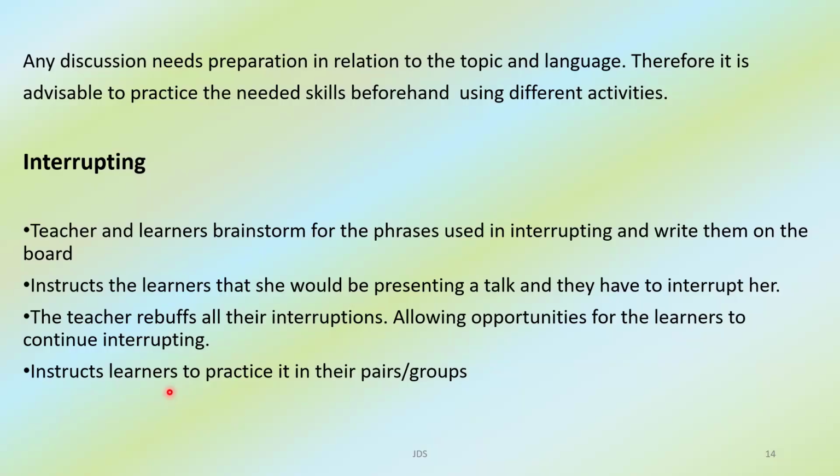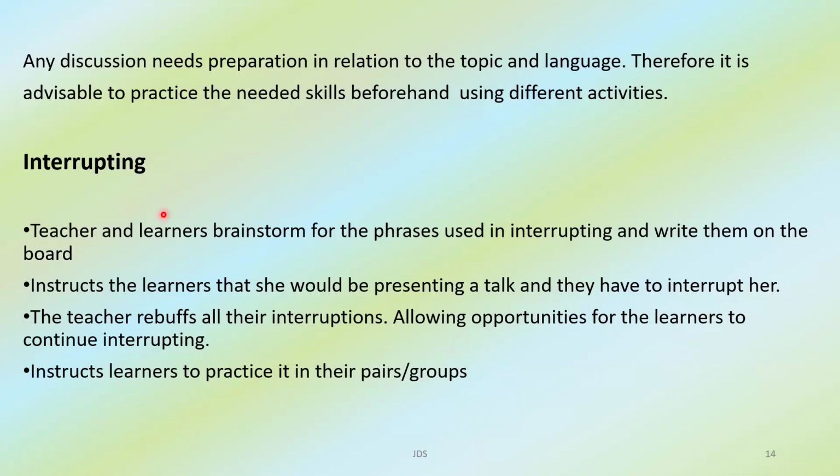Ultimately, the teacher will instruct the learners. She will answer whatever important questions there are, she will address them, and she will instruct the learners to practice the same task in the same manner, to interrupt another person while he or she is speaking.